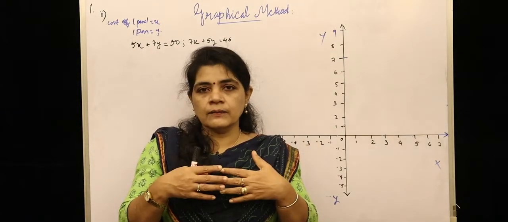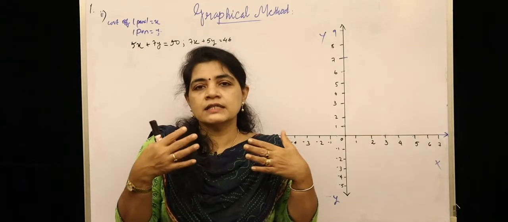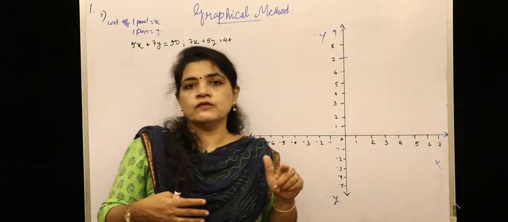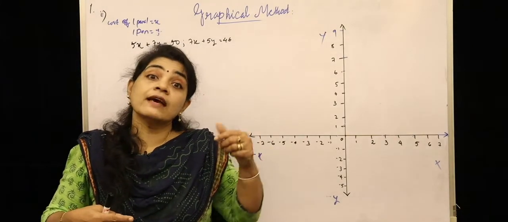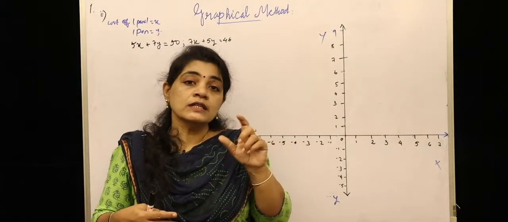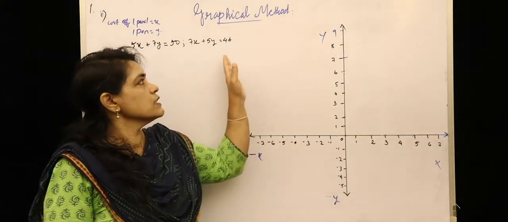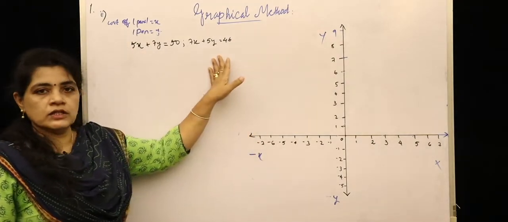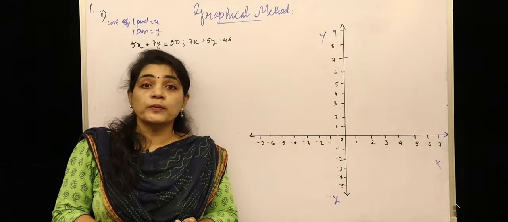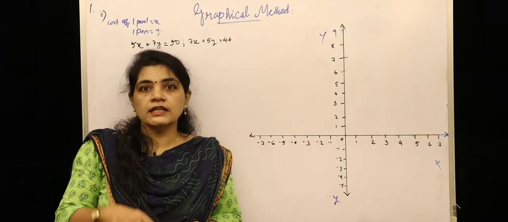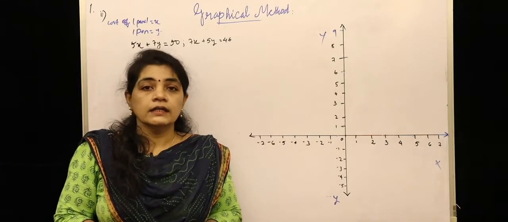Together, 5x plus 7y is equal to rupees 50. And in the second case, 7 pencils, so 7x plus 5y is equal to rupees 46. These are the equations. Now we are going to plot the graph for these equations by considering each equation separately. That would be better.